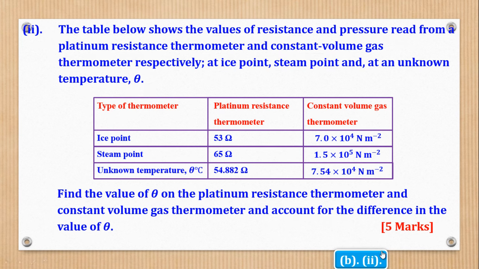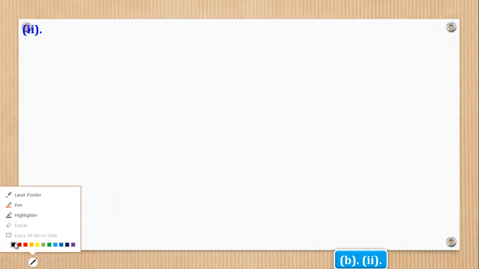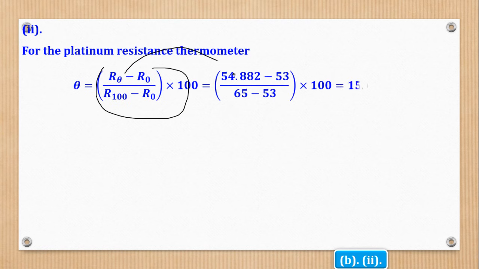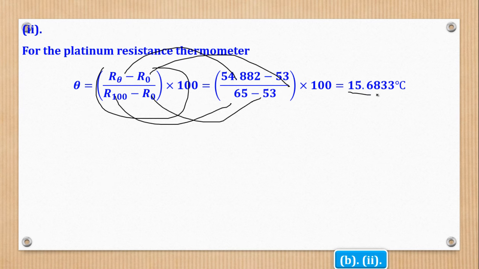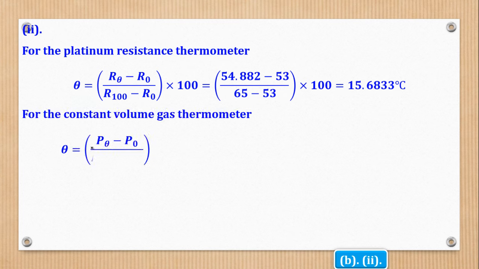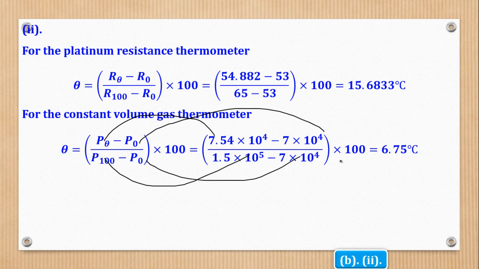Okay, so we shall come here and say, for the platinum resistance thermometer, theta will be given by this formula. Then you substitute R theta minus R0, over R100 minus R0, times 100 to get that. For the constant volume gas thermometer, the formula is in terms of pressure, so P theta minus P0, over P100 minus P0, times 100 to get that.